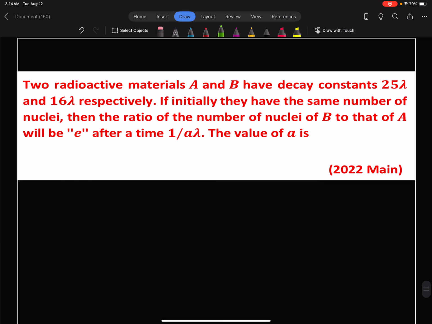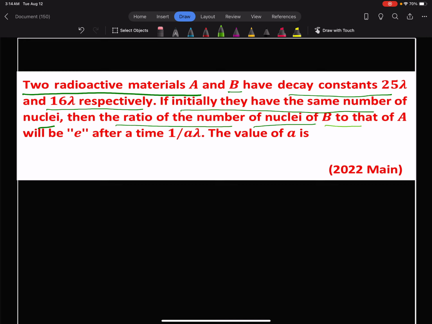It states that two radioactive materials A and B have decay constants 25 lambda and 16 lambda respectively. Initially they have the same number of nuclei, then the ratio of the number of nuclei of B to that of A will be e after time 1 upon A lambda.